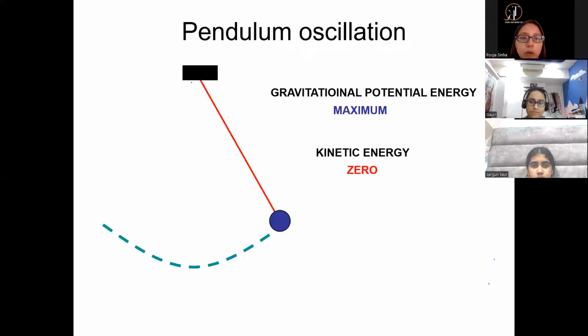What if my pendulum is somewhere neither at the mean position nor at the highest position? अभी यहाँ पर है कहीं पे. Then I think maybe the gravitational potential and kinetic energy will kind of be in balance, equal. Yes.